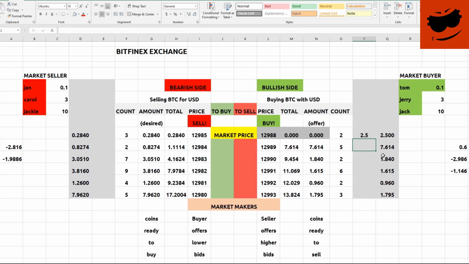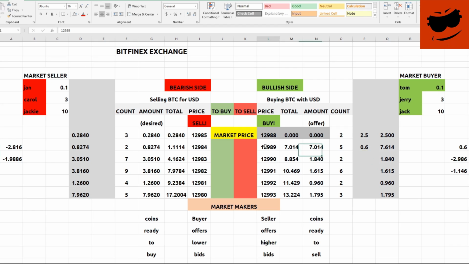So that's zeroed out, and now I will take off 0.6 because that was what the discrepancy was. So there was about 8.6 coins up for grabs before, now 7.6 coins up for grabs, and to complete Jerry's purchase, he needed to buy 0.6 of a coin from this line.